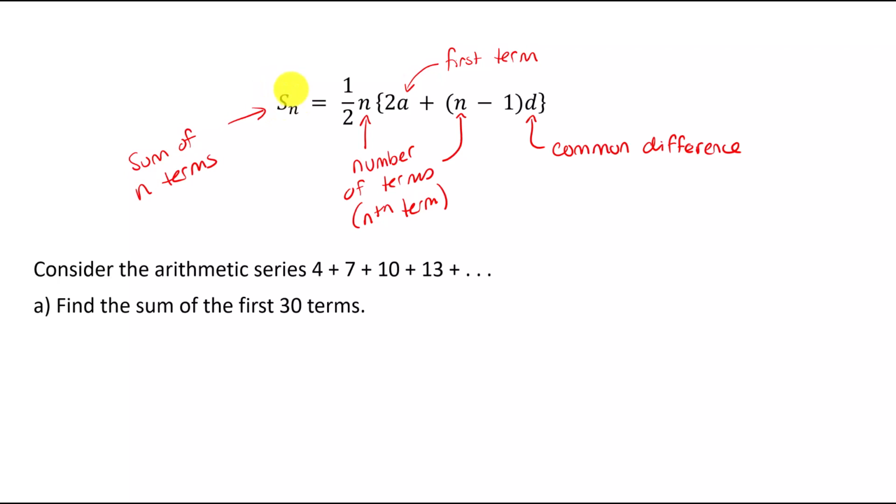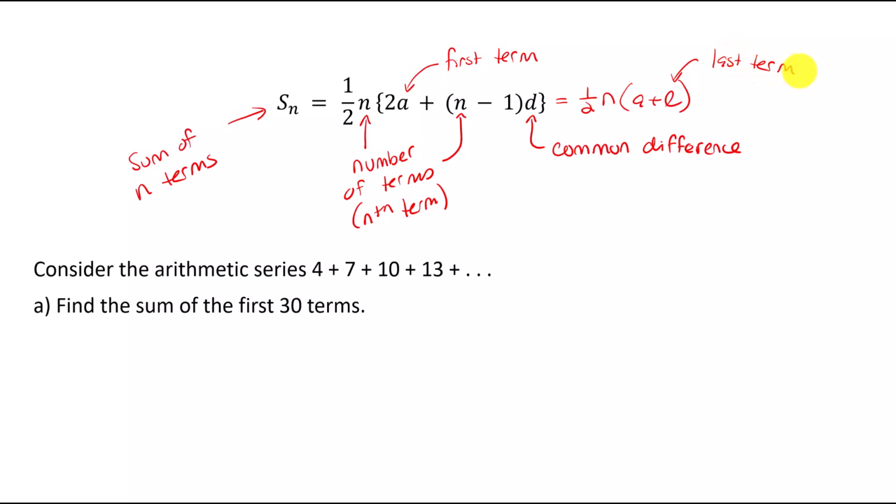I do want you to know that there is another formula, a shortened version that can be used sometimes. This first one always works. But if you happen to be given some very specific information, you can use this formula, S sub n equals 1/2 n times (a plus L), where n is still the number of terms, a is still the first term, and L is the last term.